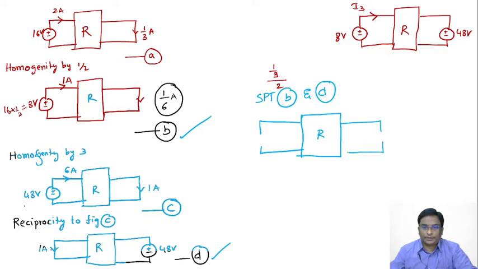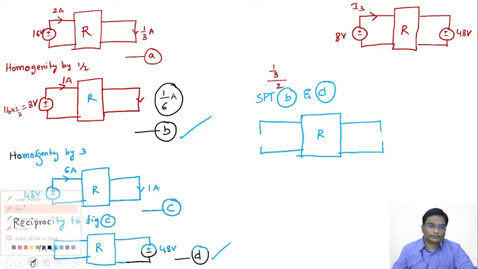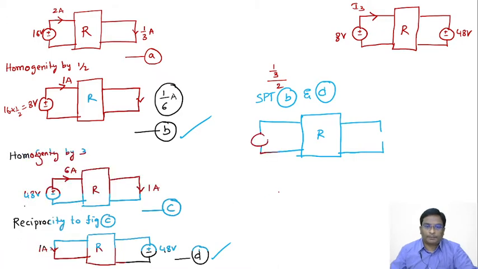Everyone following? Notice here, if I apply 8 volts here, what is the current flowing here? This is 1 ampere. If I apply 8 volts here, this current is 1 ampere.